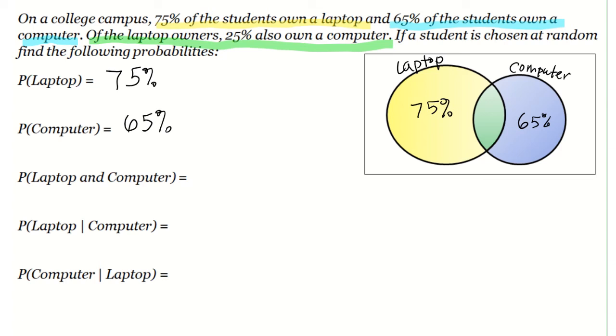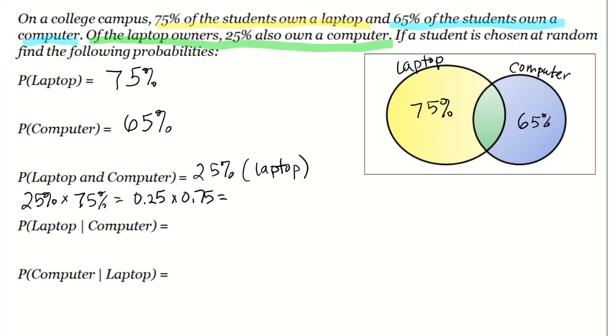But what that problem is telling us is that 25% of the laptop owners own a computer. So the intersection is not 25%, it's going to be 25% multiplied by the 75% of the laptop owners. So that's going to be 0.25 times 0.75.